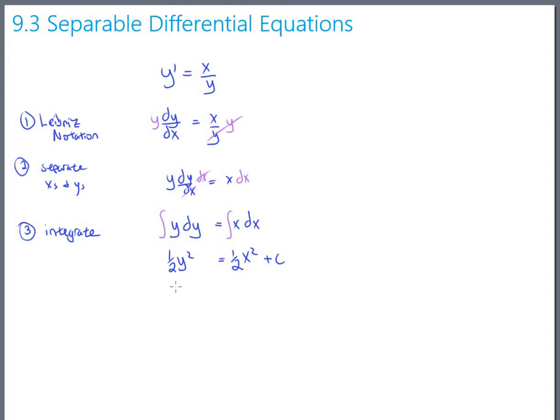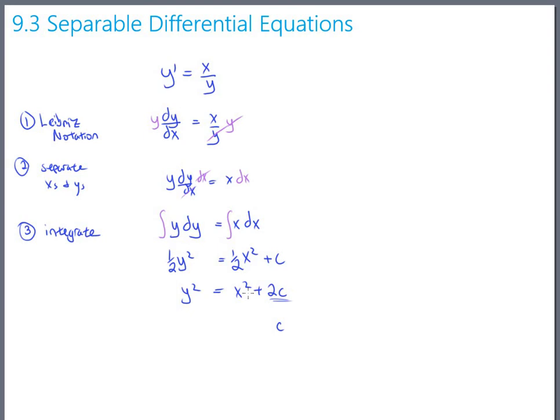Okay, we're basically done. This isn't quite solved for y yet. Usually when we have a solution, we like to say y equals. So let's multiply both sides by 2, finish solving this for y. So y squared equals x squared plus 2c. This 2c, think about that for a second. C already stands for an arbitrary constant. So what is twice an arbitrary constant? It's an arbitrary constant. So I'm going to replace this 2c with just a c.